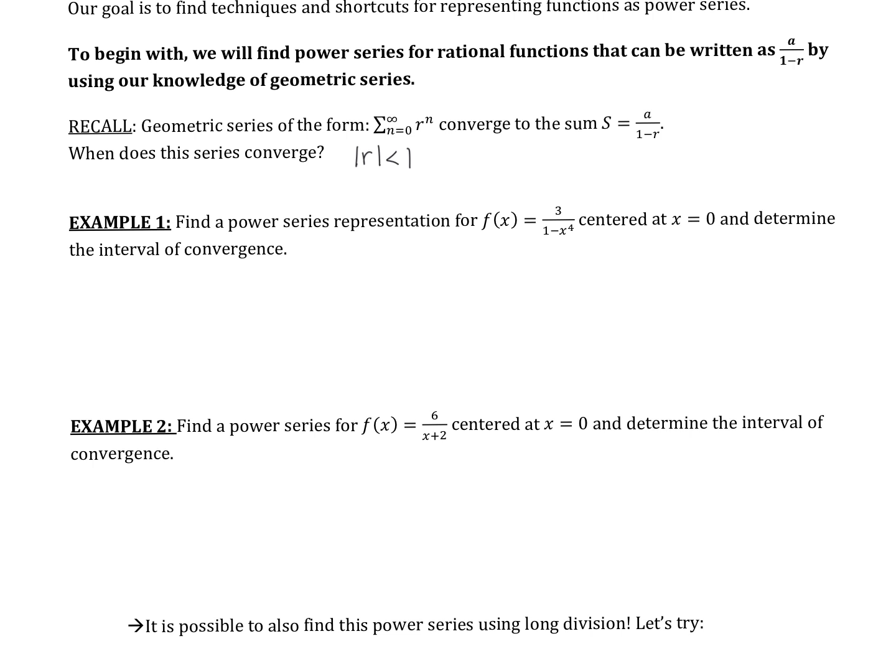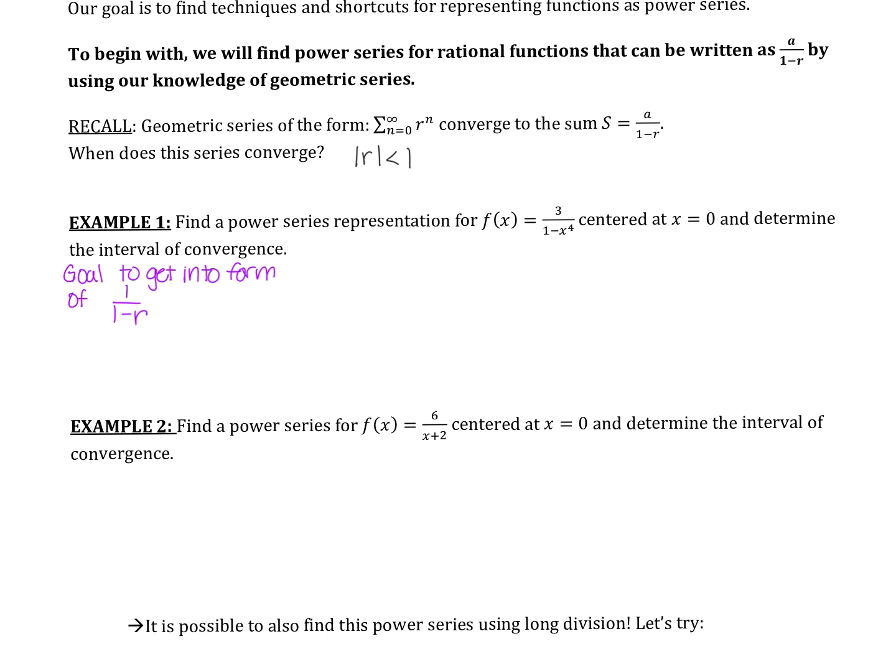Our goal is to get this into the form 1 over 1 minus r. That's how I'm going to start all of these problems. Maybe I have a coefficient multiplied by it, but our goal is 1 over 1 minus r.